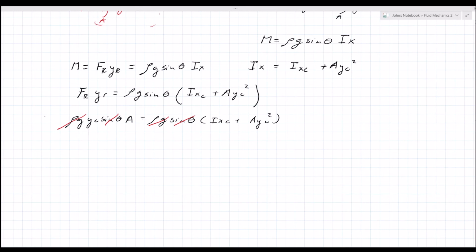oh, I forgot about the y r over here. So I get y r y c A is equal to I x c plus A y c squared.